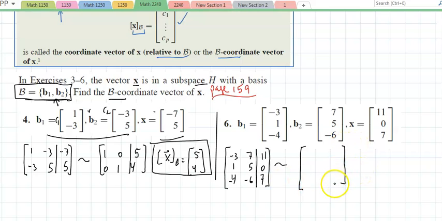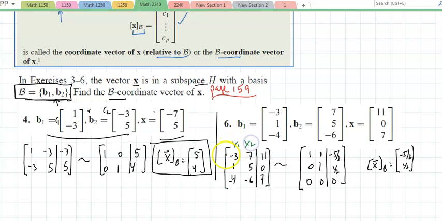One of those rows is going to zero out. So we know here that the coordinate vector x sub B is actually -5/2, 1/2. Looking at this, we figure, wait a minute, this is x1, x2. I really don't need 3 equations, I only need 2 equations. So they gave us an equation that wasn't needed.